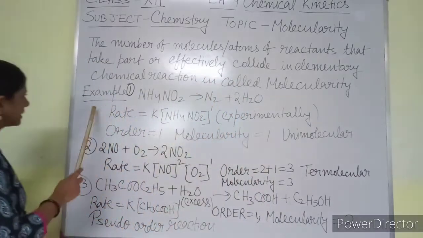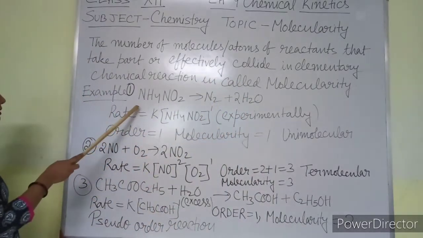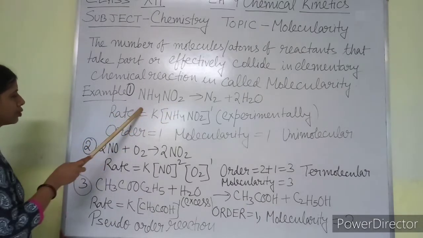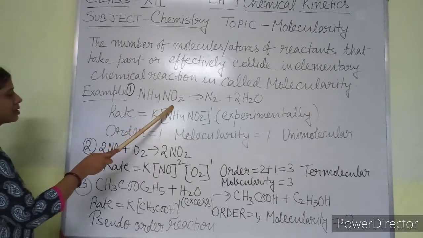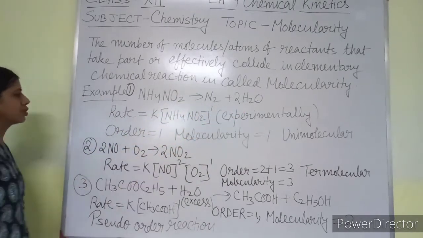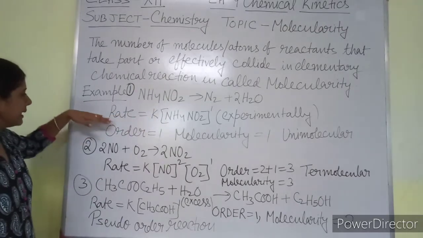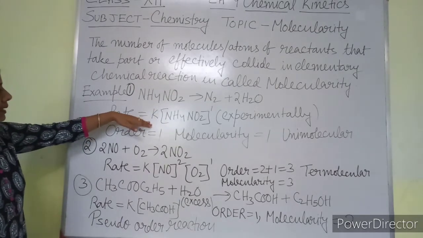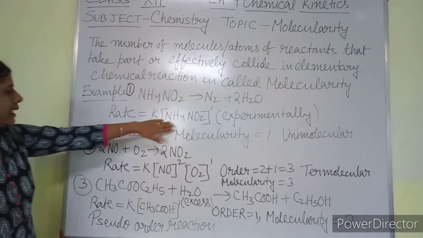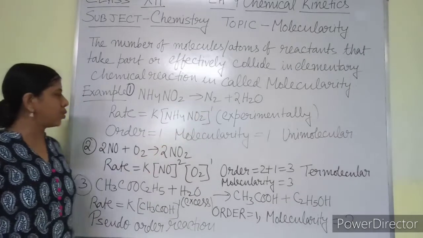I have taken example number 1, that is dissociation of ammonium nitrite. NH4NO2 is ammonium nitrite. Dissociation of this will give you nitrogen and water. Here experimentally it has been found that rate of the reaction is k, the rate constant, times [NH4NO2] to the power 1.